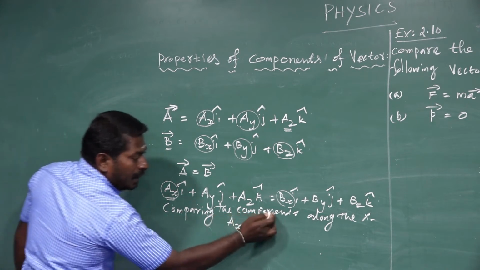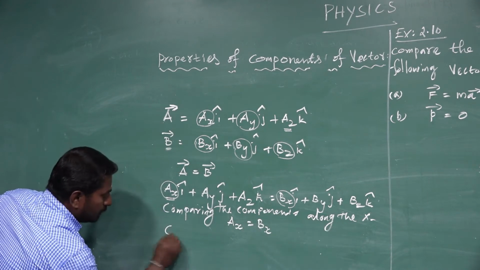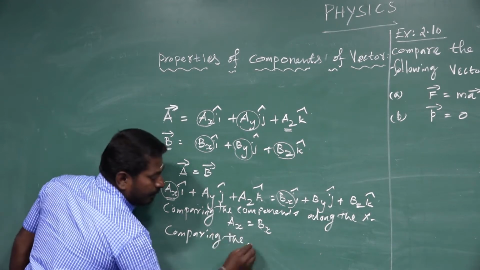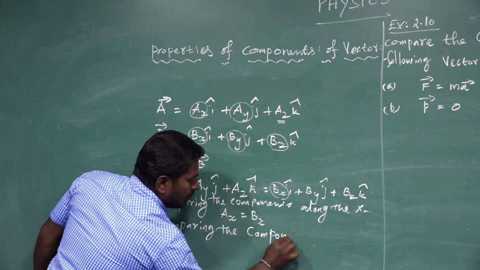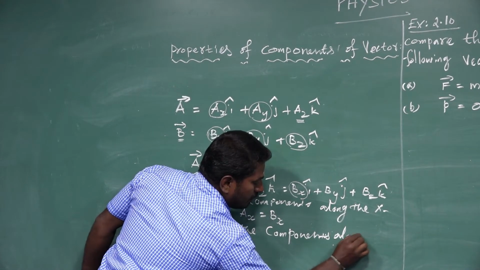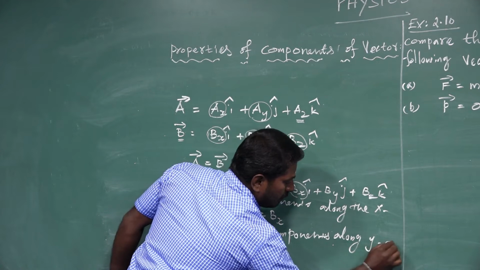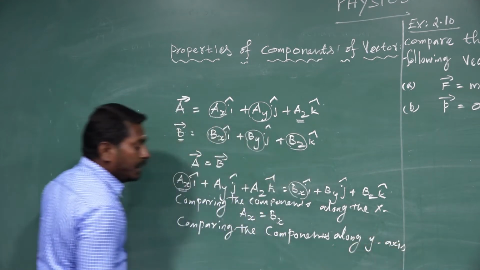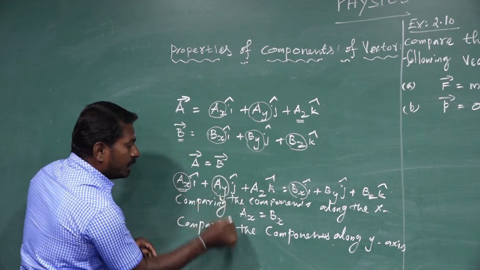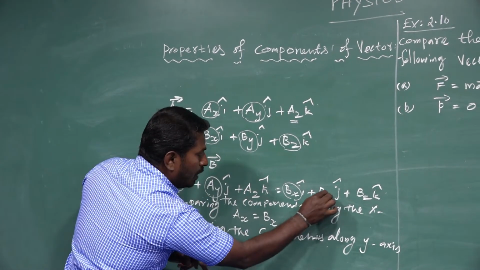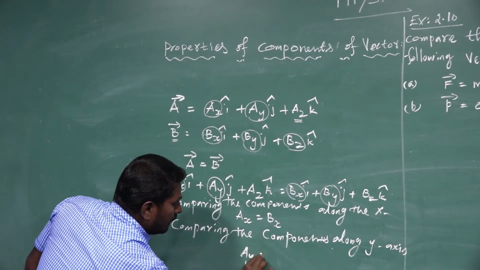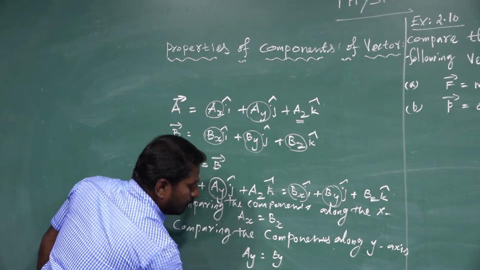Then comparing the components along the y-axis, the component of A vector along the y direction is equal to the component of B vector along the y direction, then Ay is equal to By.